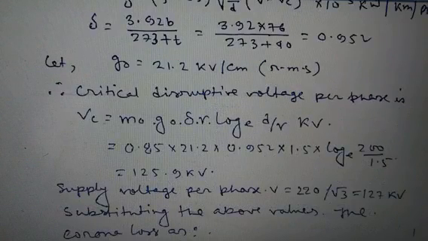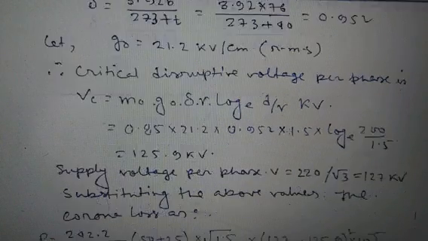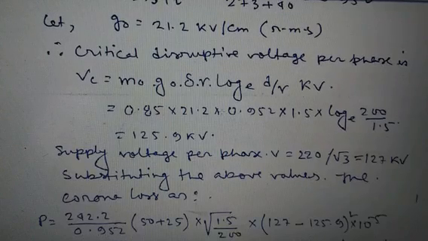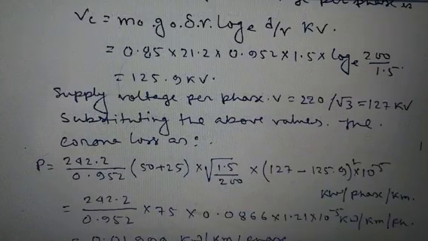Therefore, the critical disruptive voltage per phase is Vc equals m0 into g0 into delta into r into log e d by r kV, and if we put in the values of all the parameters, then the value of Vc, that means the critical disruptive voltage, equals 125.9 kV. Now the supply voltage per phase V equals 220 divided by root 3, that is equals 127 kV.